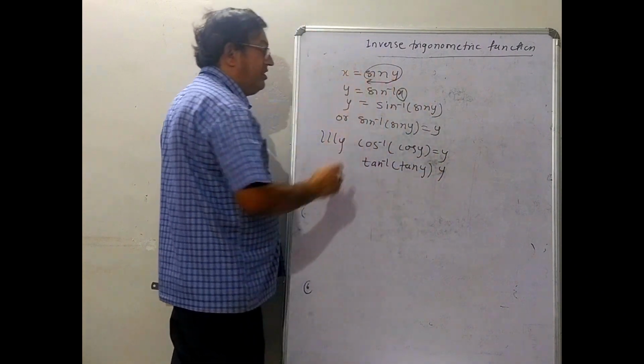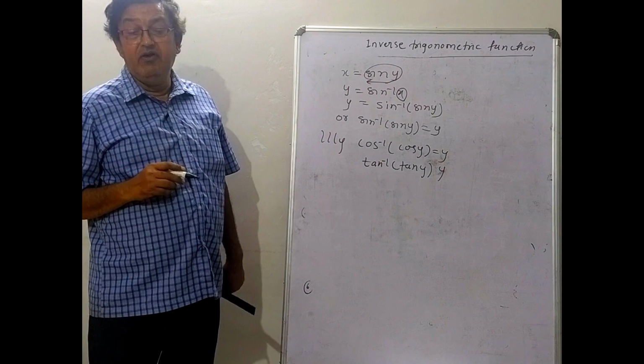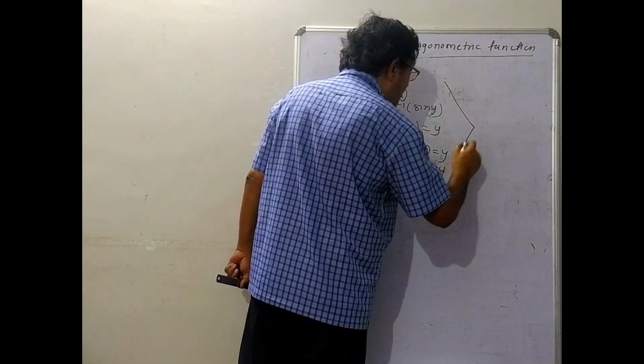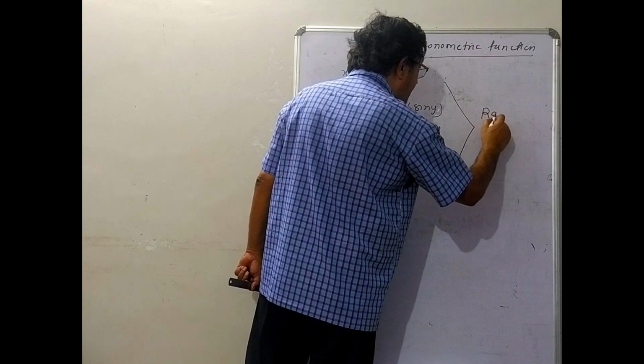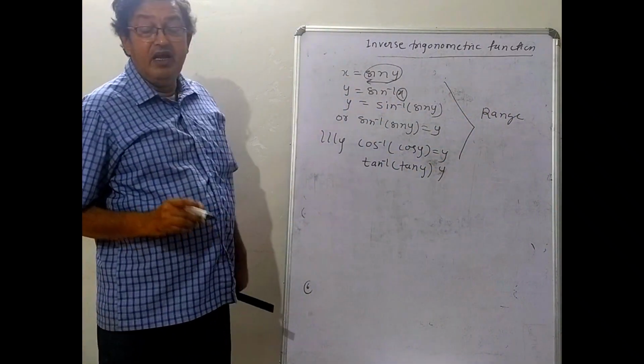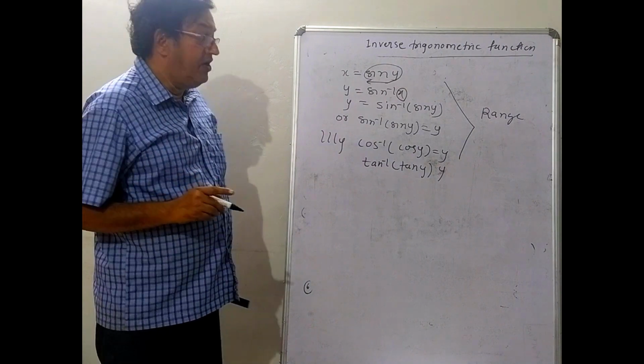Now, where are these results applicable, or how to make use of these results? They are applicable only for the respective range values.